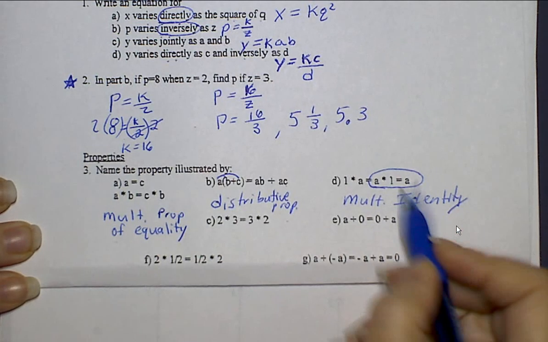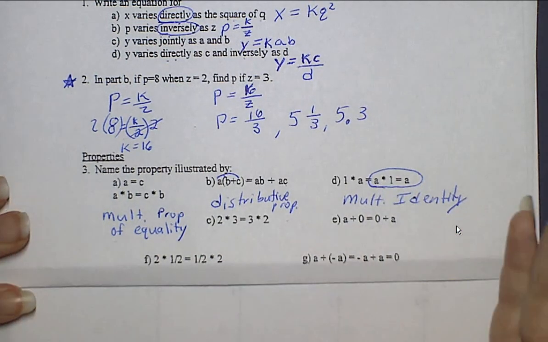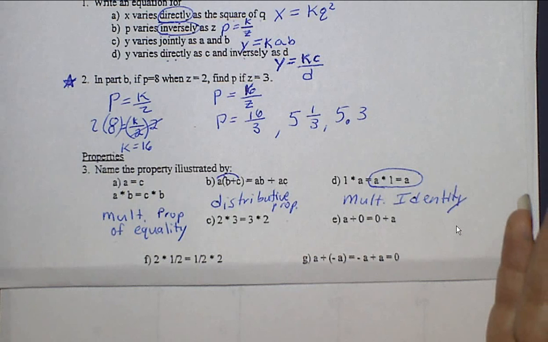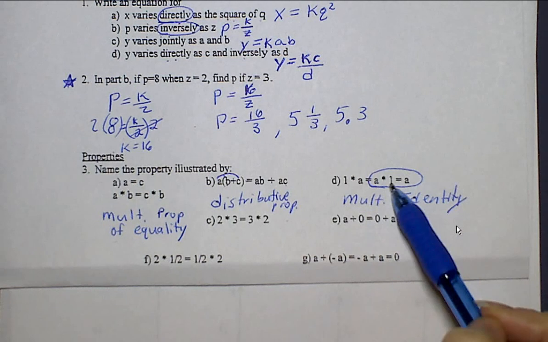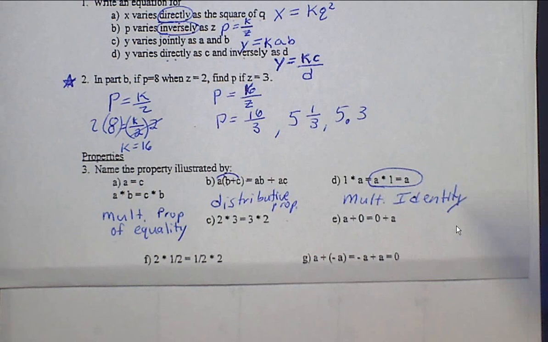Because it's saying that when you look in a mirror, you're going to have A and you're going to get back A. So your multiplication identity is your 1, because you can multiply it. So this right there says that the multiplication identity.